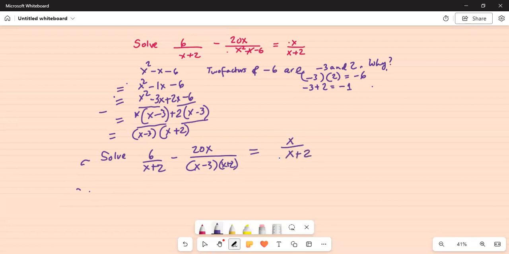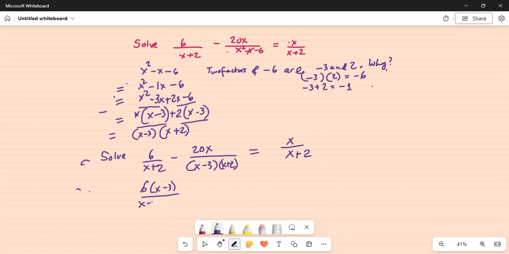Now, if I look at the left-hand side of the equation, in the first term there is a denominator x plus 2, but in the second term the denominator is x plus 2 and x minus 3. Seems like the first term is missing x minus 3 in the denominator. So we will multiply the first term in the numerator and in the denominator by x minus 3.